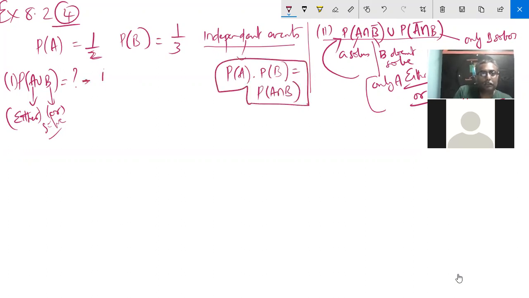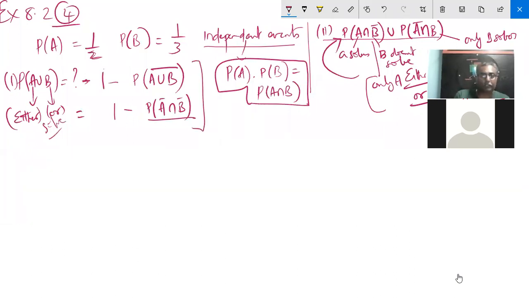That is equal to 1 minus P of (A union B) the whole not, which is equal to 1 minus P of A not intersection B not. This is the way to do it. From union you have changed to intersection.